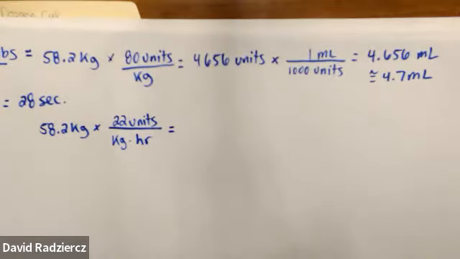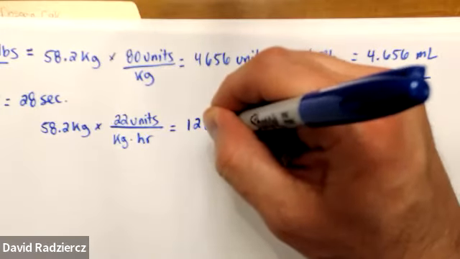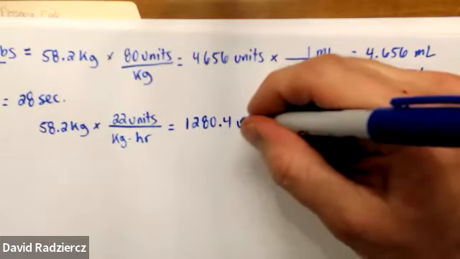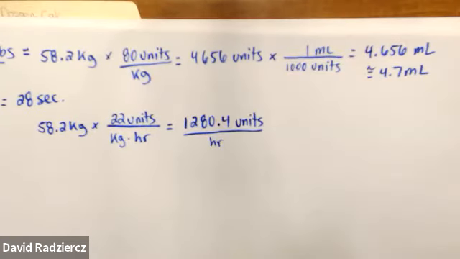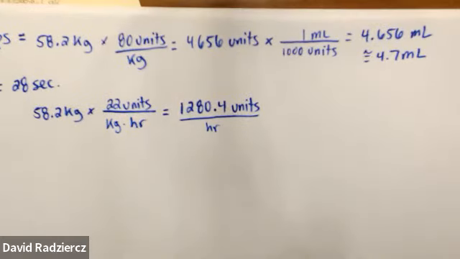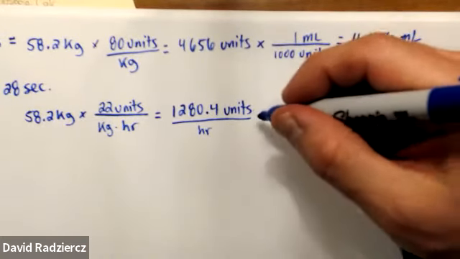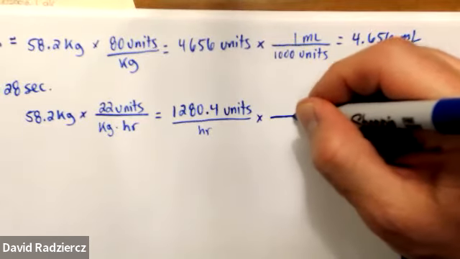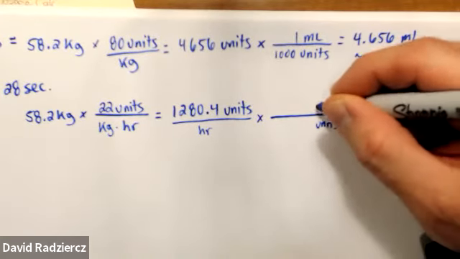So I'm going to take the patient's weight, 58.2, times 22, and I'm going to get 1,280.4 units per hour. I don't want units per hour, right? I want milliliters per hour, but I have a way to convert that.